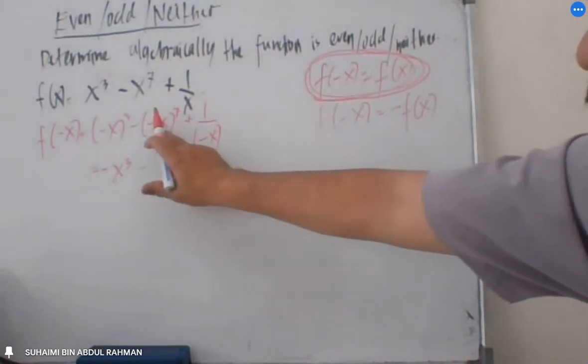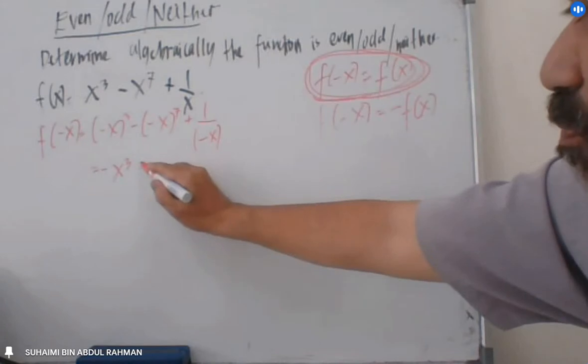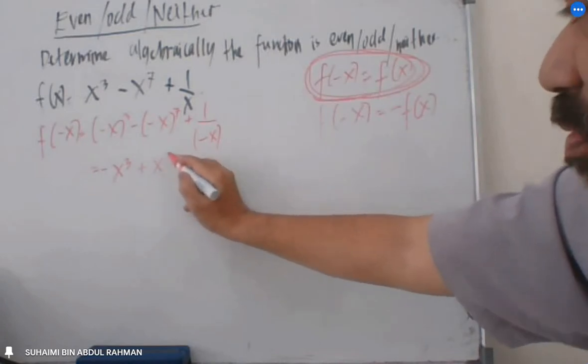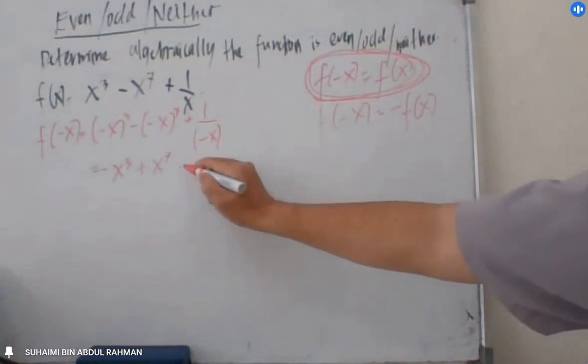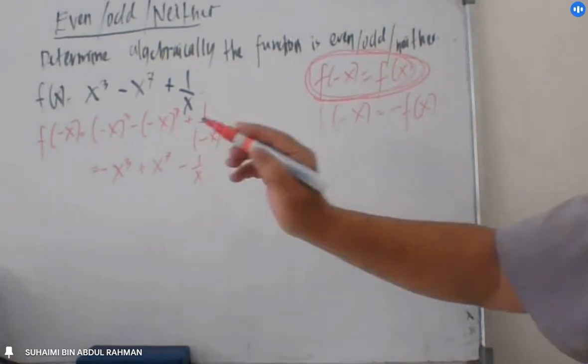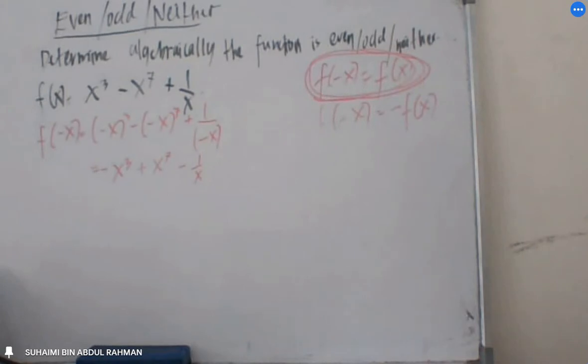Minus minus, plus x to the power of 7. Then minus 1 over x. Look like this.